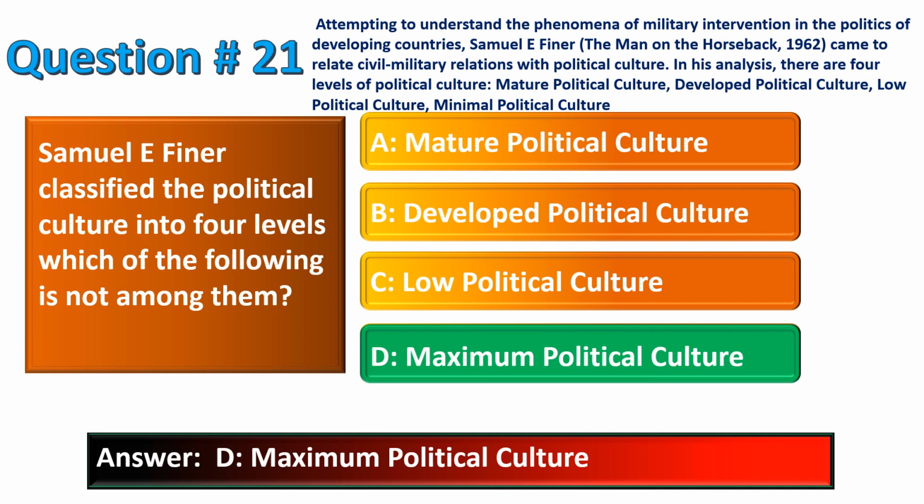Attempting to understand the phenomena of military intervention in the politics of developing countries, Samuel E. Finer, in his famous work The Man on Horseback, 1962, came to relate civil military relations with political culture. In his analysis, there are four levels of political culture: mature political culture, developed political culture, low political culture, minimal political culture.